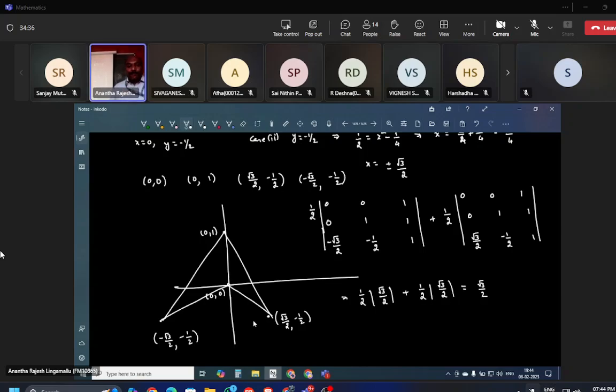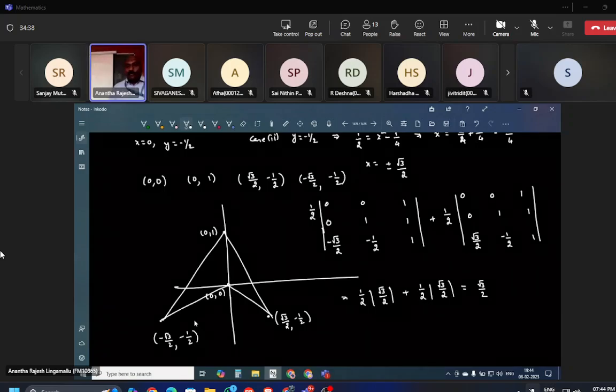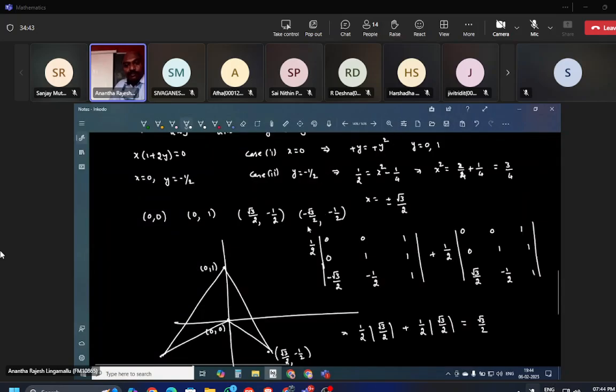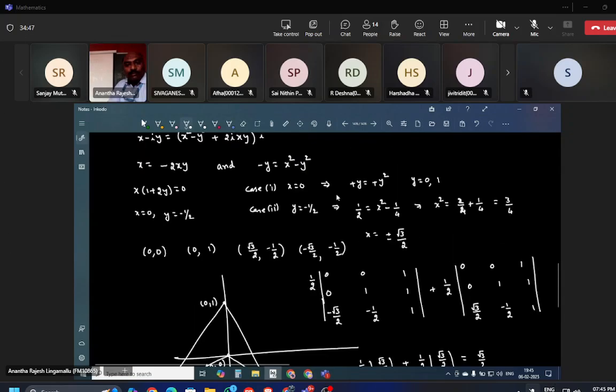Y is equal to minus 1 by 2. x square minus y square means minus 1 by 4, so x square is equal to 2 by 4 plus 1 by 4, 3 by 4.